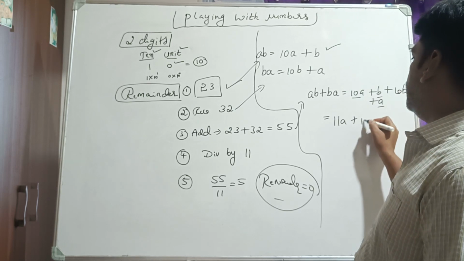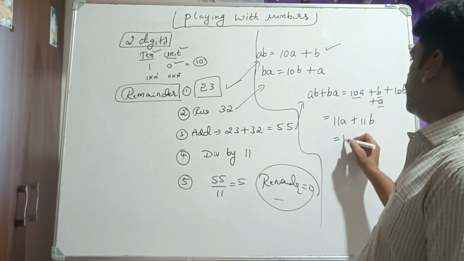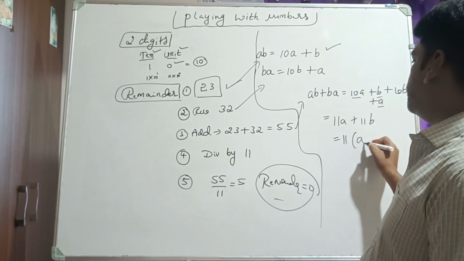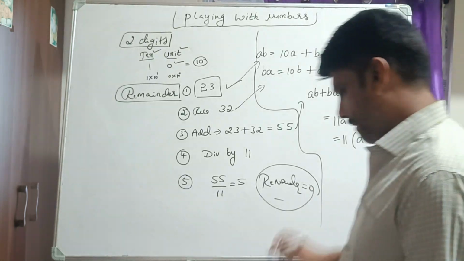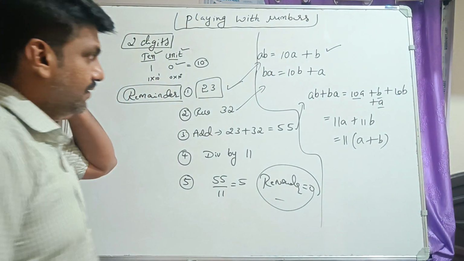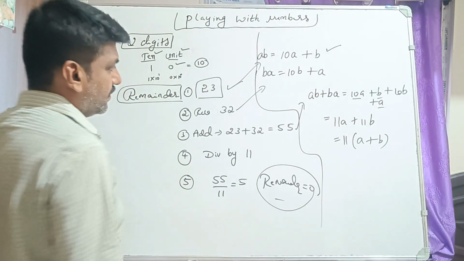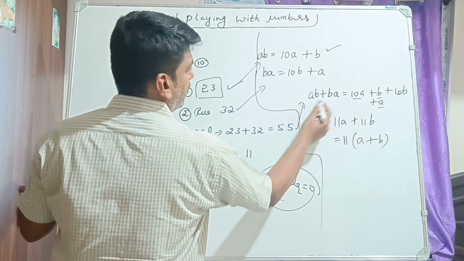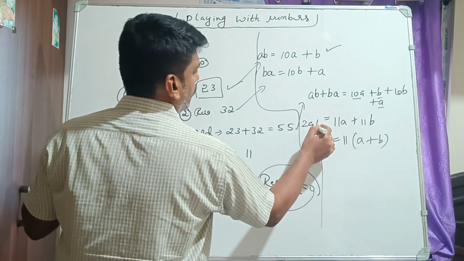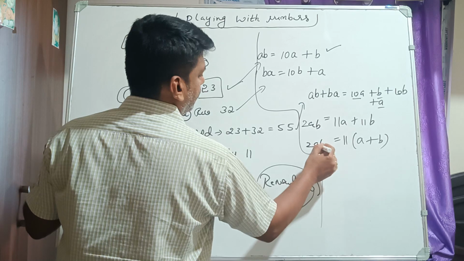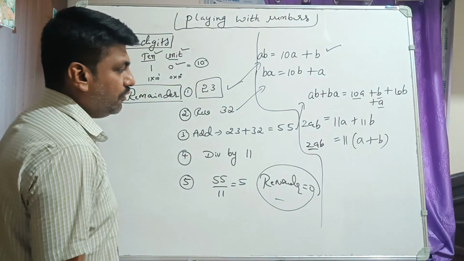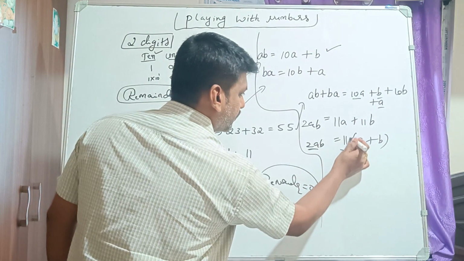B and 10B, it is 11B. If I take 11 common, you will get 11 times A plus B. Is it correct? Right?